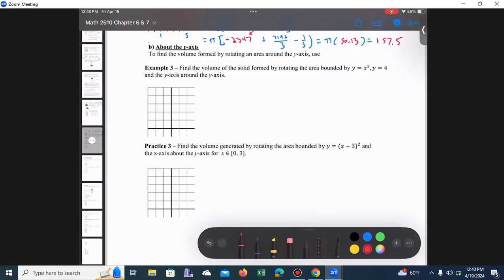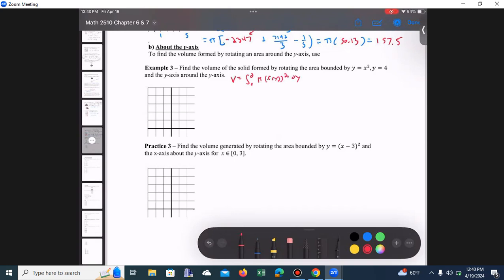And so a volume is going to be written from C to D, which are limits along your y-axis, and then pi f of y squared dy.